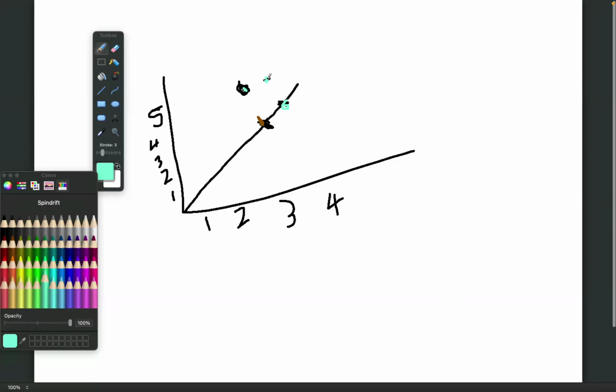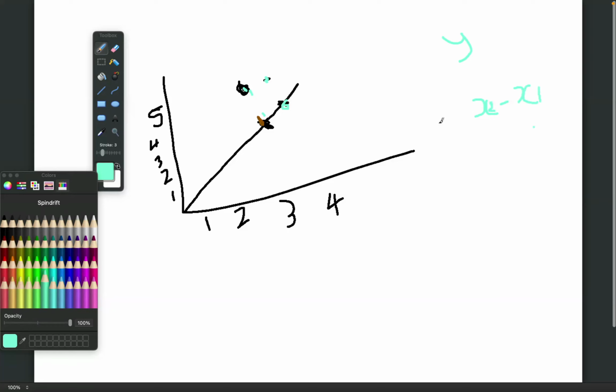So I want to know how far am I from the correct thing? You now need to find the difference between this and this. And that's where we have this simple slope formula, which is x2 minus x1. Very, very simple.